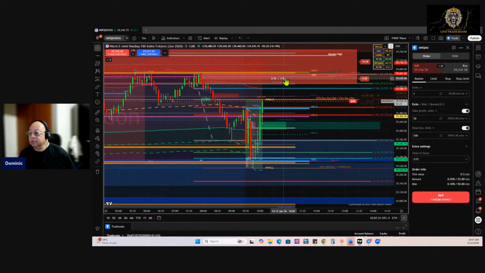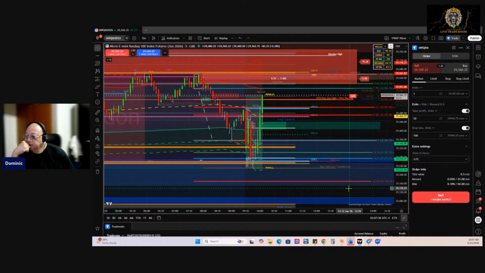Again, this is a liquidity zone. You see how many sellers? 98%. Again, this may continue coming down.